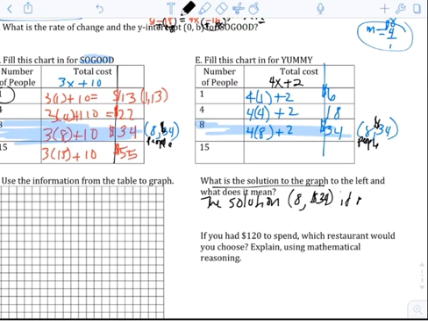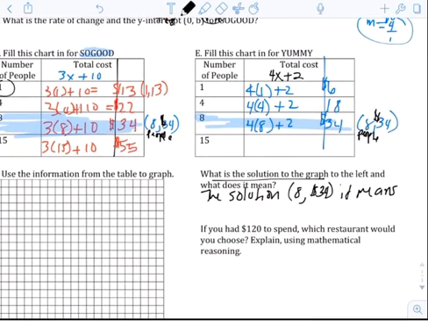It means that both companies charge $34 for 8 people.